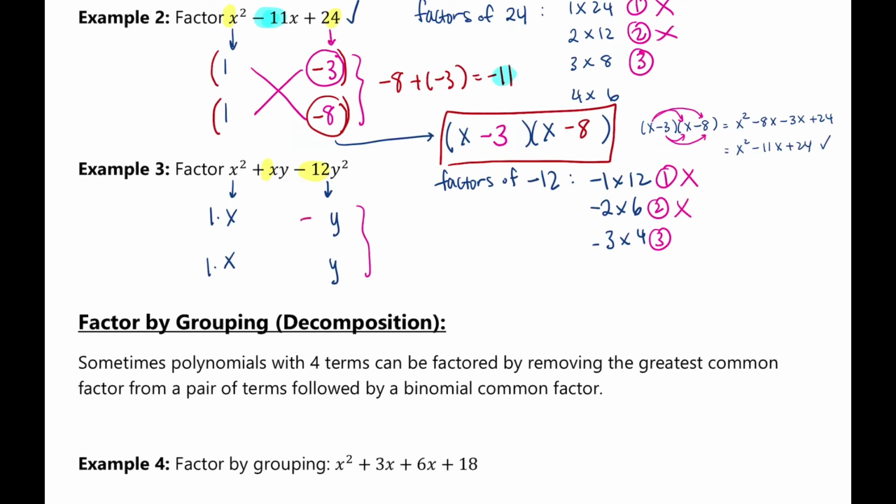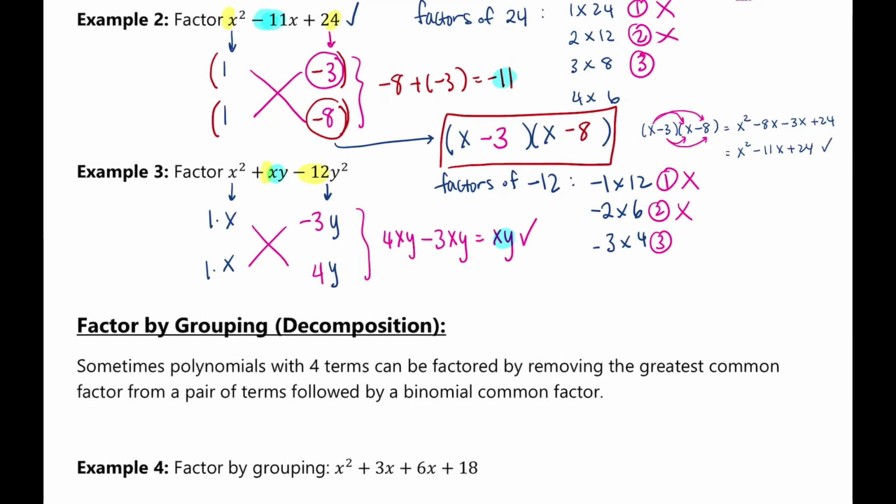Let's try negative 3 and 4. Cross multiply, you get 4xy minus 3xy, which equals positive 1xy. And thankfully this time we have found our middle term here. So this one's correct.